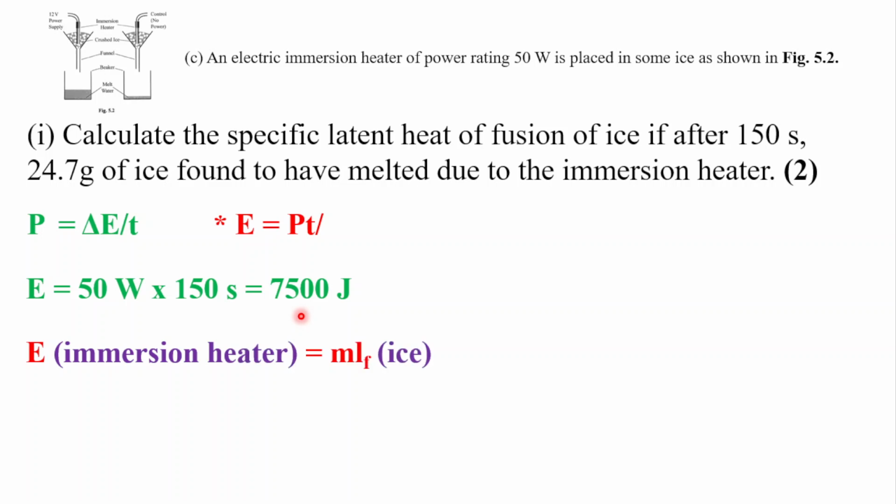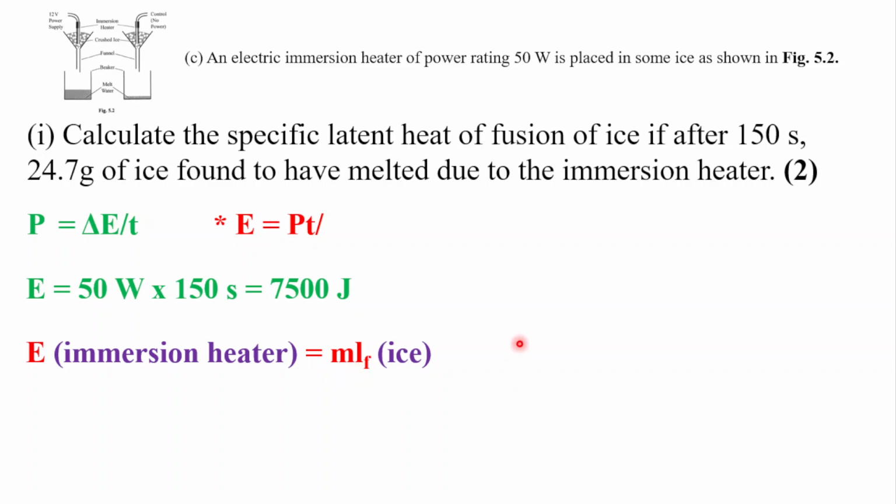Now, another useful thing to remember is that the energy supplied by the immersion heater must be equal to the energy gained by the ice, or needed to melt the ice. Since there's no change of temperature when you just change state from solid to liquid or liquid to solid, all we need is the mass of the ice multiplied by the latent heat of fusion of ice.